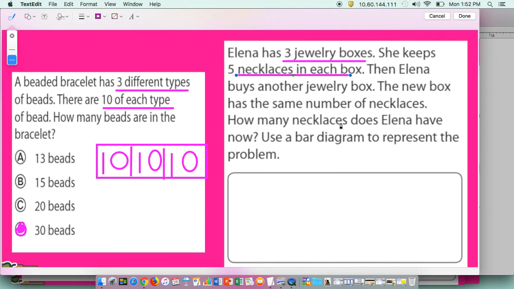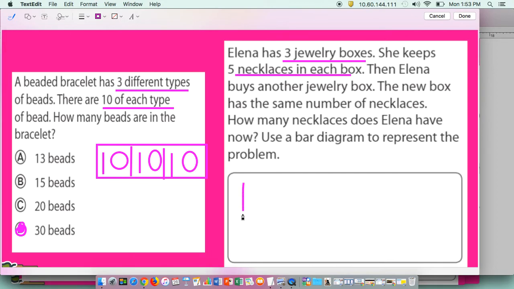How many necklaces does Elena have now? Use a bar diagram to represent the problem. We only know that she has 3 boxes and 5 necklaces in each box.